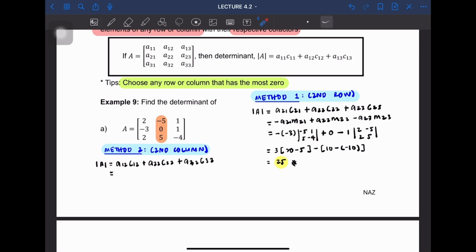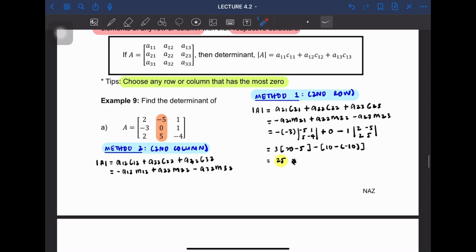Now I'm going to change the cofactor into minor. So C12 is negative M12, C22 is M22, and C32 is negative M32. So it will become negative A12 M12 plus A22 M22, and the last one, negative A32 M32.